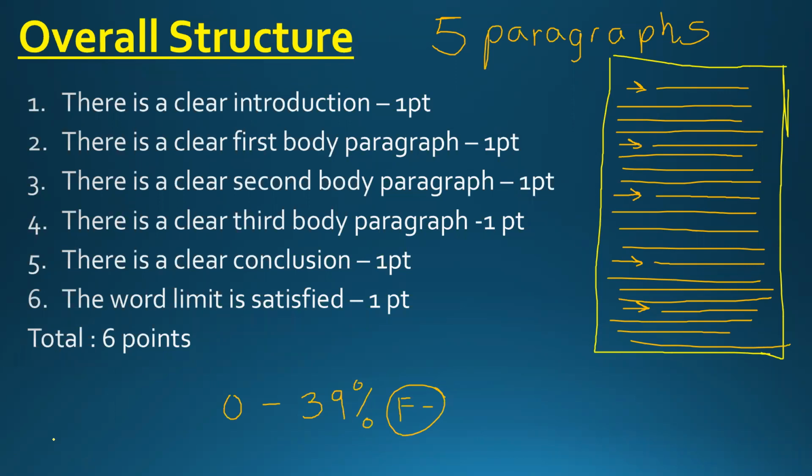What's the problem? You say you want 5 paragraphs. Yes. So the introduction is a paragraph. That's the first paragraph. And the conclusion is the 5th. These 3 are the ones that go in the middle. So the introduction and the conclusion are also paragraphs. You know what I'm saying? Okay. Yeah.